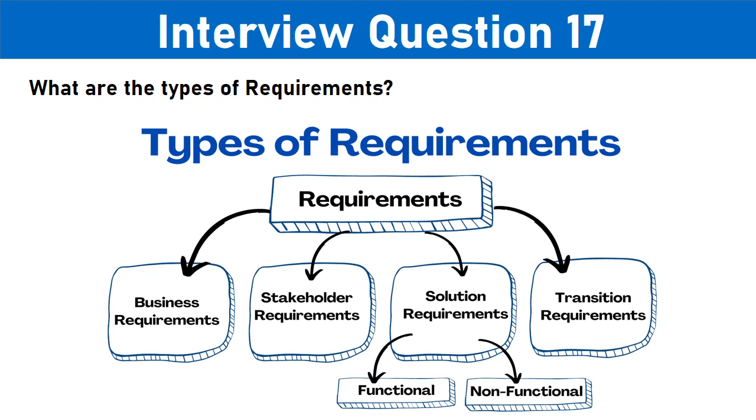Fourth requirement type is transition requirements. Transition requirements refer to the requirements to enable successful implementation of a project. Transition requirements are short-period requirements. Once these requirements are completed, these no longer exist.